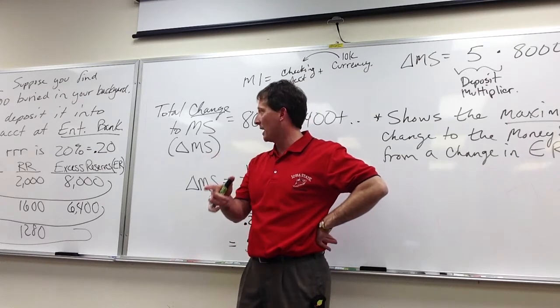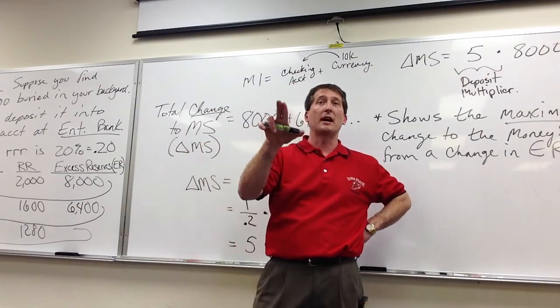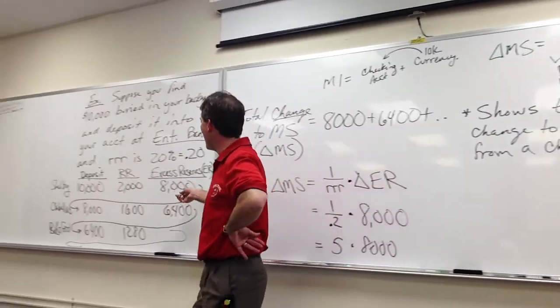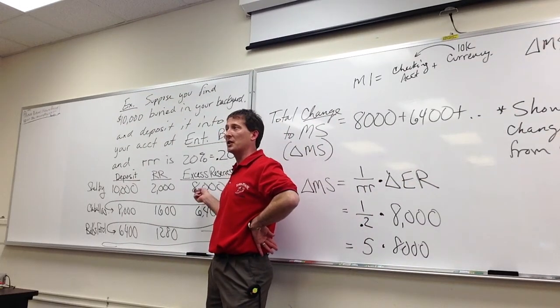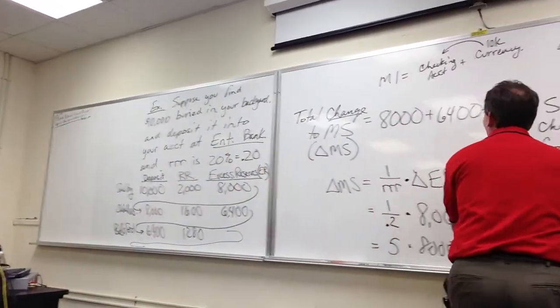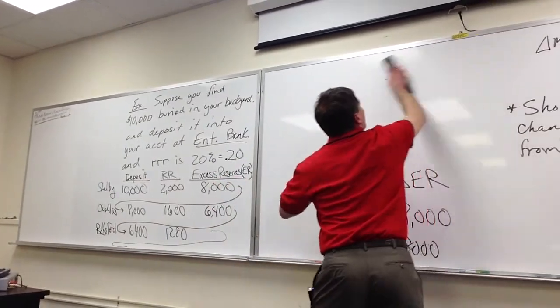The RR could change, yes, but we're going to hold that constant. But that is one of the tools of the Fed. They don't loan out all the money. So the bank could choose to not loan out all the money. Let's write that one down. That's one way. And then there's one more you can keep hunting for while I get that on the board.